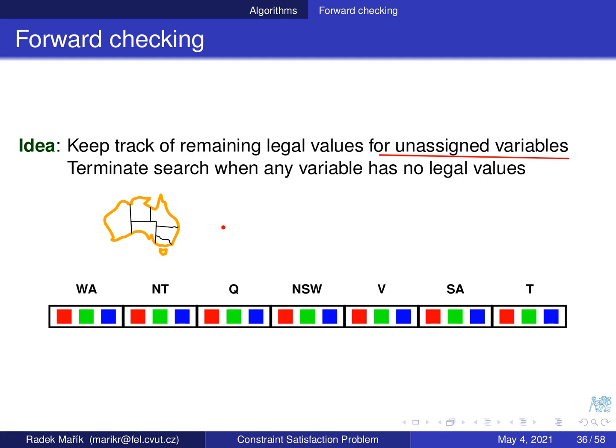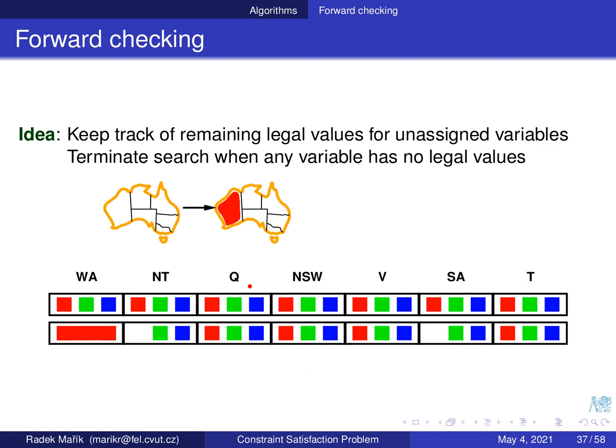So having this case, for each state we have 3 possible values of colors, and if we assign red to WA, West Australia, then here we have North Territory, and here is South Australia, and they cannot use red anymore. So we drop that red here and red here.